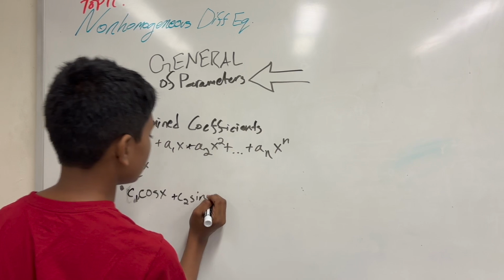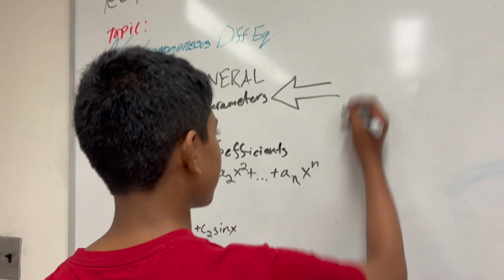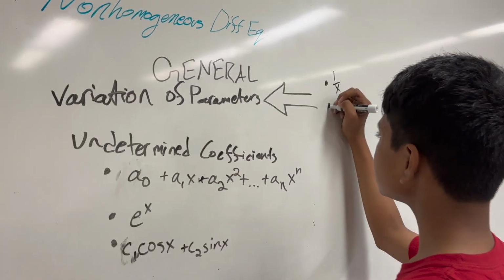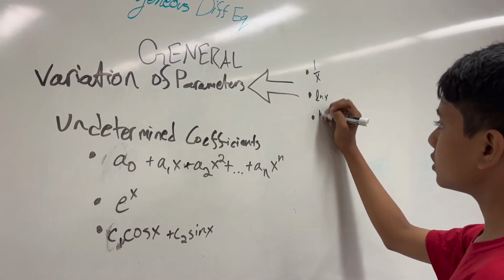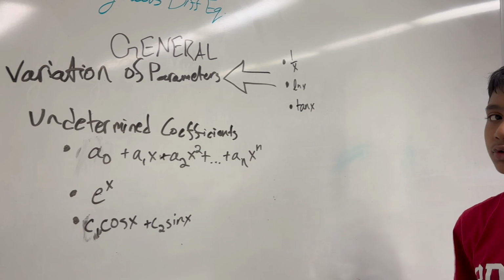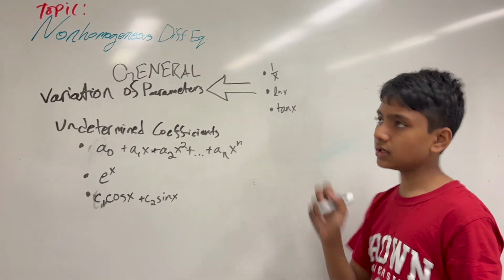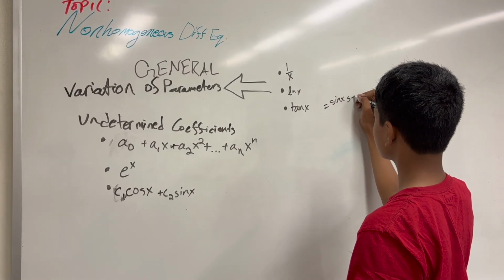And you might say, well, isn't that basically all we need? No, actually. Here are some examples for which it doesn't work. For example, 1 over x and logarithms as another example, or even inverse trigonometric functions. Tan is not an inverse trig function, but it is a regular trig function multiplied by an inverse.